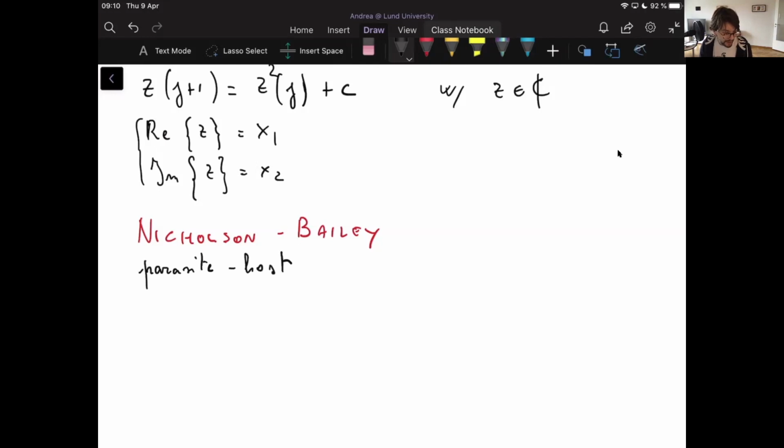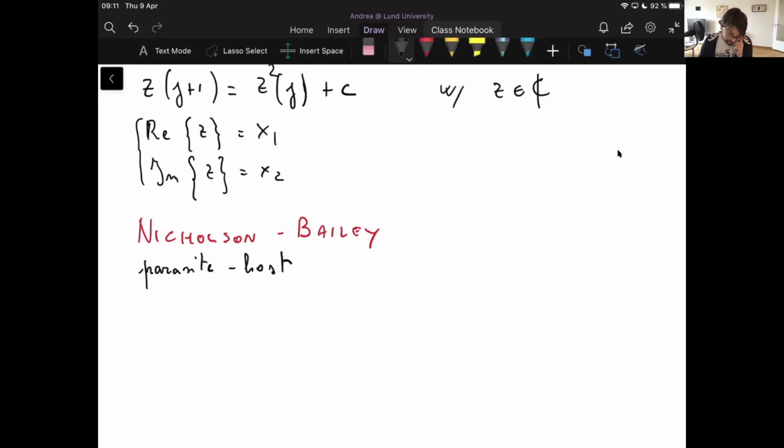And then it was modified way more recently in the 70s to describe this parasite-host dynamics in a better way, or generalized to predator-prey. And they've seen that in a closed environment, this model was pretty accurate in describing parasite and host dynamics.